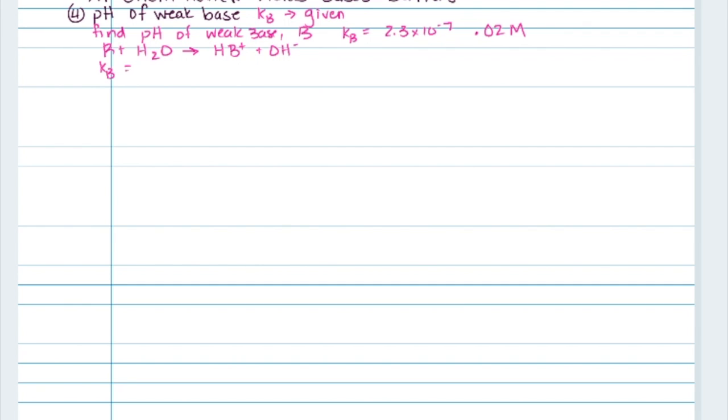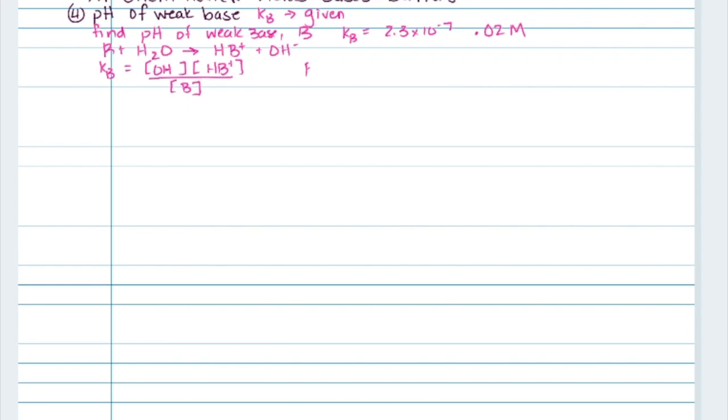The Kb expression, which is on your table, is OH minus times HB plus over B. This would be our typical Bronsted-Lowry base that acts by accepting an H from the water.